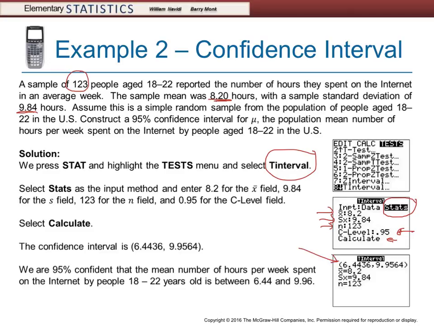The next screen shows us our confidence interval, which is 6.4436 as the lower bound, and the upper bound is 9.9564 hours. So obviously, we're 95% confident that the mean number of hours per week spent on the internet by people 18 to 22 years old is between 6.44 and 9.96 hours.